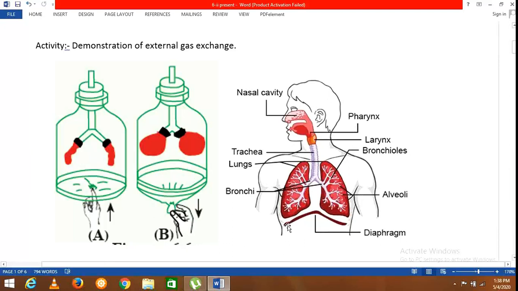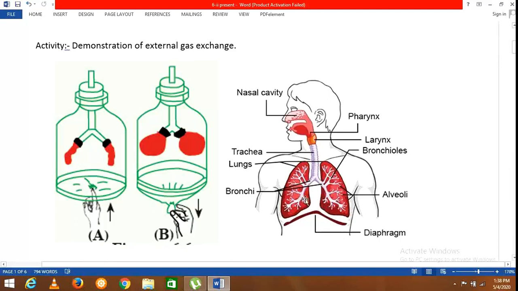In our body there is a muscular structure known as the diaphragm. Above the diaphragm there is the thoracic cavity, which consists of organs like lungs and heart. Below the diaphragm there is the abdominal cavity, which contains organs like stomach and intestine.